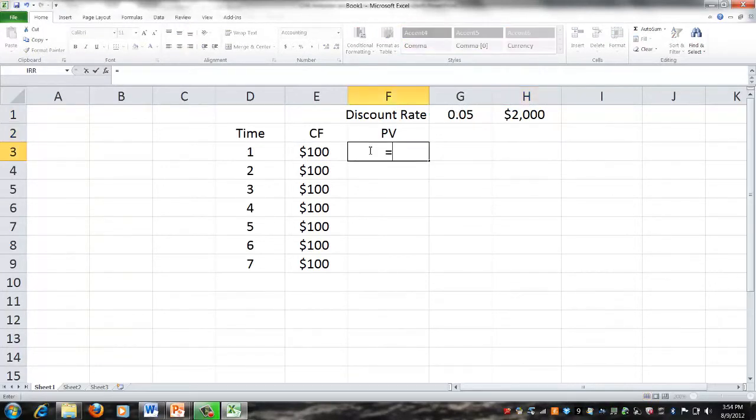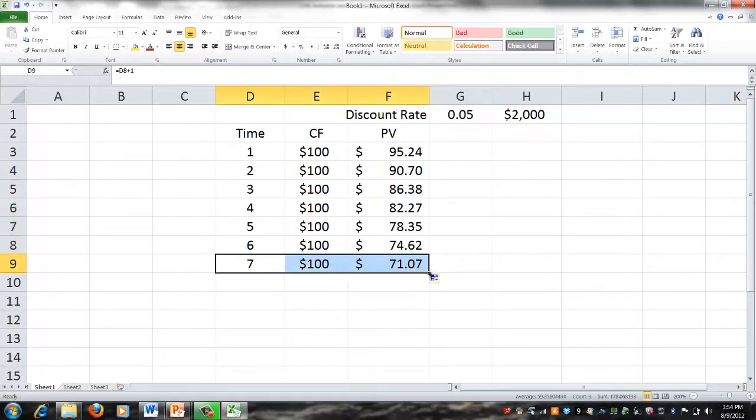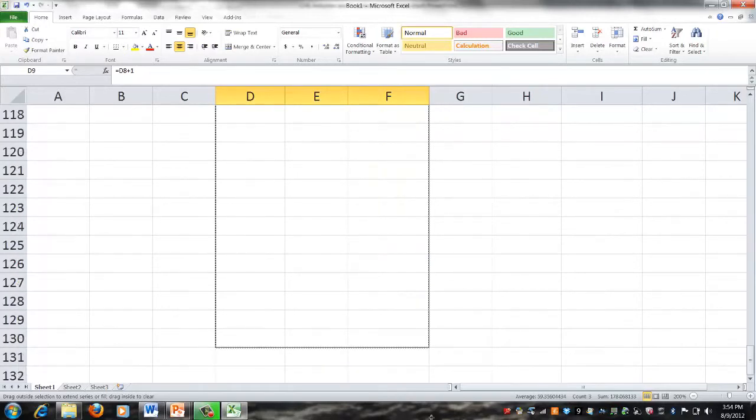So now we're going to look at each of these cash flows individually. So we're going to discount this one time. This one will be discounted twice as we fill this equation down, and so on. So we'll do this for a very large number of periods and see what our values look like.